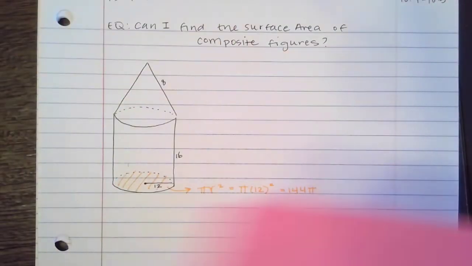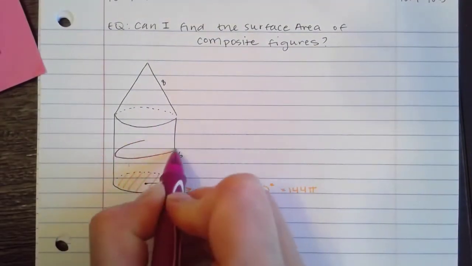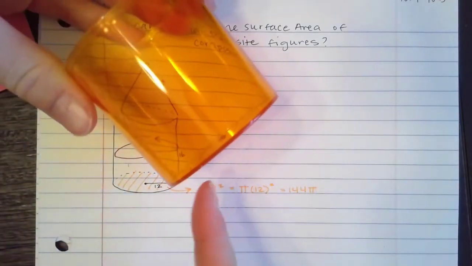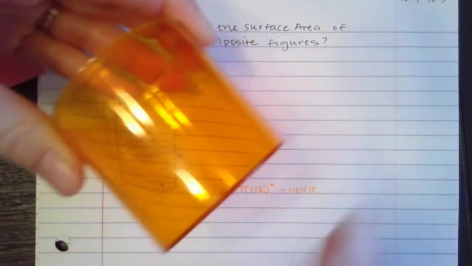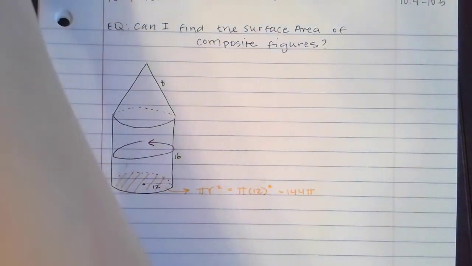Okay, so the second piece is this whole lateral area. So if this is my cylinder, I've only covered up this part, and I need to cover up all of this. And I don't need to piece it together.